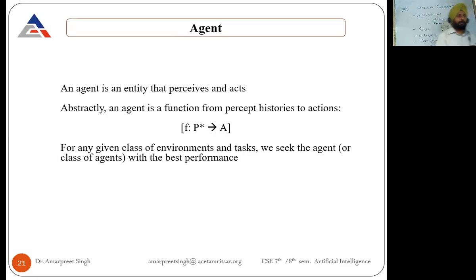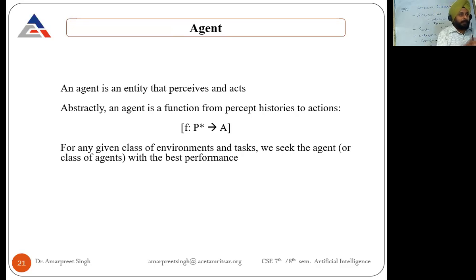Next is a very important term, that is agent. What is an agent? An agent is an entity that perceives and acts. It is an entity which perceives the different things that are going on around us.